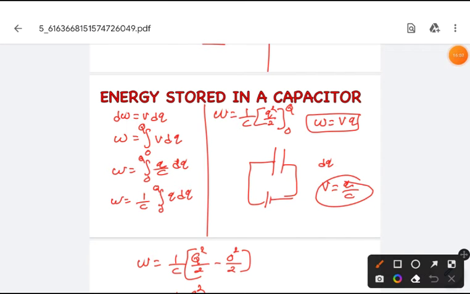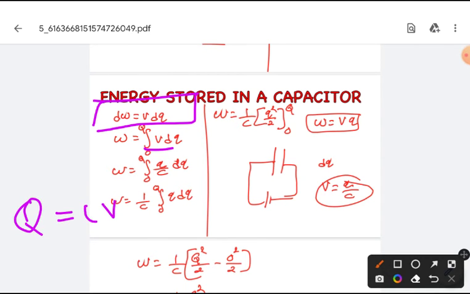Energy stored in a capacitor, dW is equal to V into dQ. W is equal to integral from 0 to Q of V into dQ. Q is equal to CV, so V can be written as Q by C. W is equal to, take that 1 by C outside because C is capacitance, which is a constant.